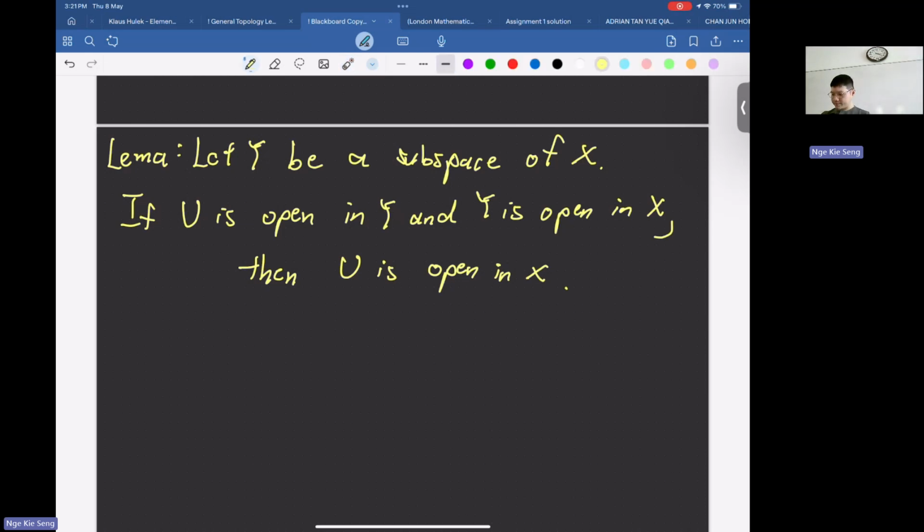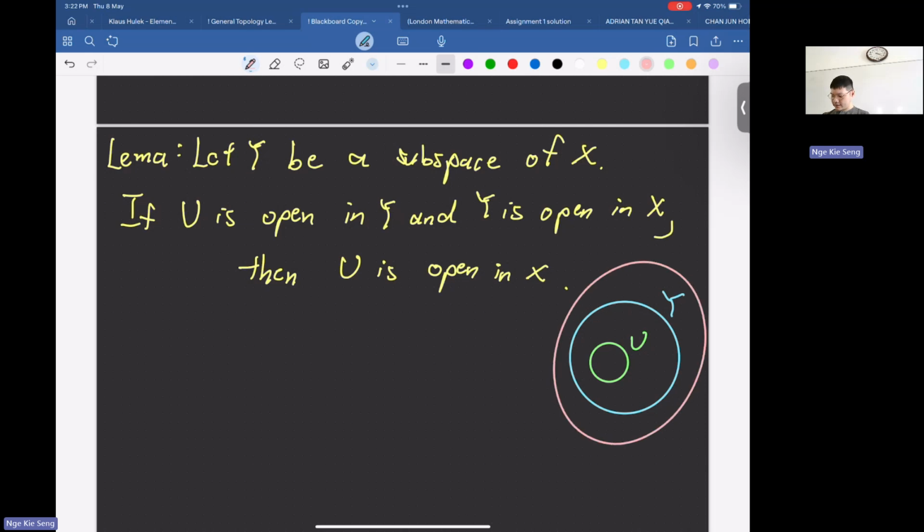So you got a U in Y, but Y is open in X. Then you will see that this U here is open in X.